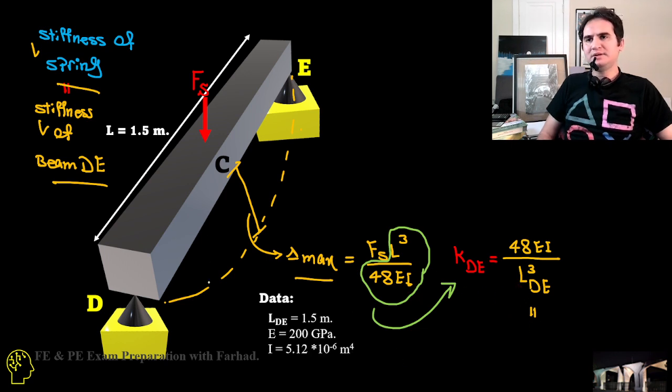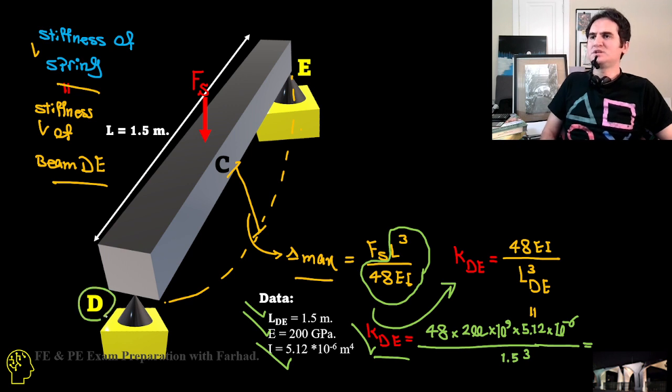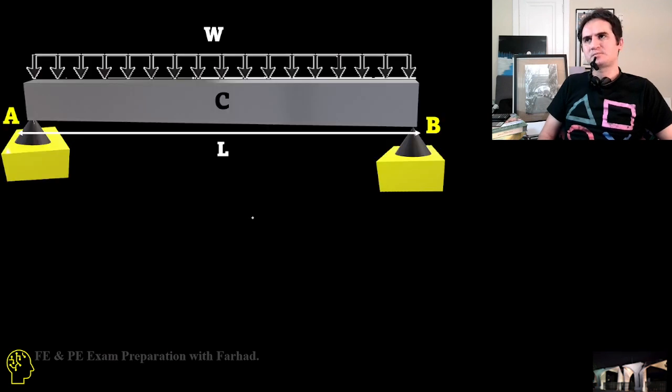And if you calculate that based off the problem statement, which is length of DE is 1.5 meter, E is 200 gigapascal, and I, moment of inertia, is 5.12 times 10 to the negative 6, and replace that in the equation, it gives you the stiffness of beam DE, which is equal to 14.5635 times 10 to the power of 6.